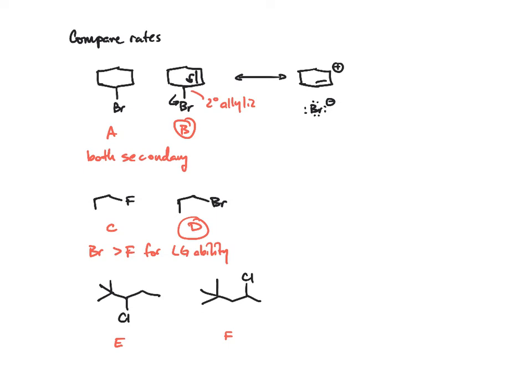Maybe bear with me as I present this because it might not be obvious what I'm doing. For E, we're going to look down that bond. So we're looking down the carbon-chlorine bond, and since chlorine has 3 lone pairs, I'll show those in the Newman projection.